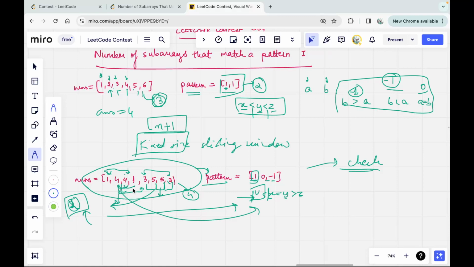So instead of going and checking everything, I'll say this is not a subarray, and I will set ok to false here. If this subarray does not satisfy the pattern, I'll set ok to false, and if ok is false, I will not consider it an answer. I will only consider a particular subarray as an answer if ok remains true.